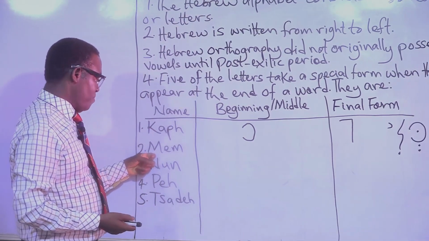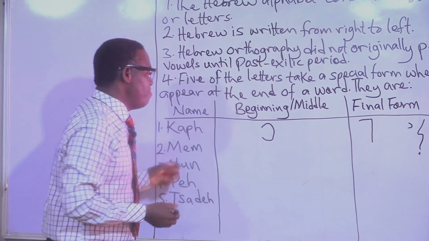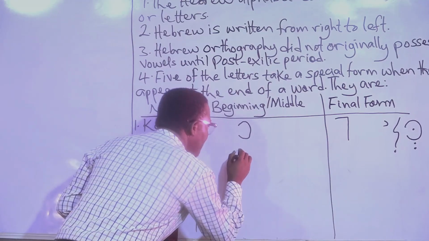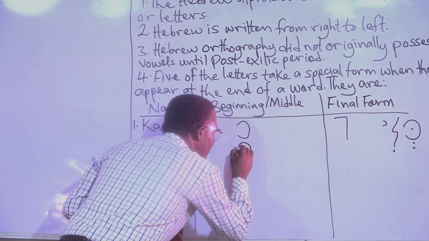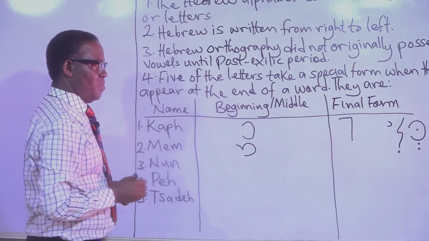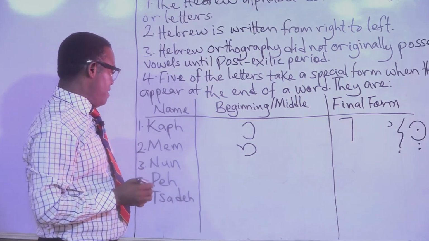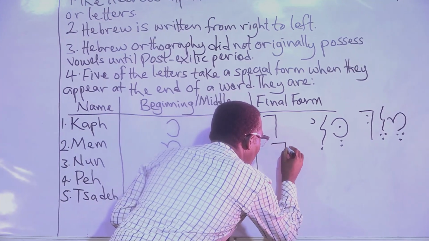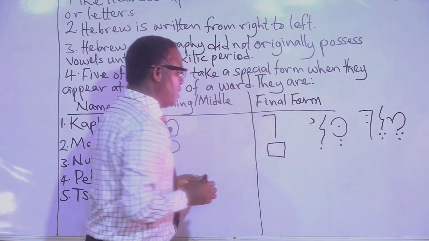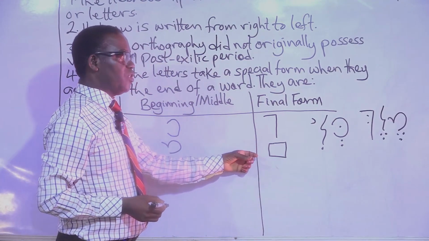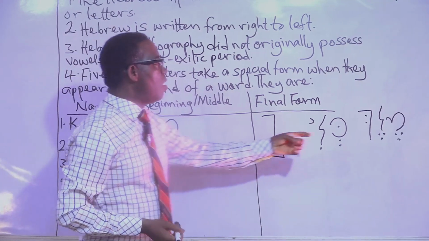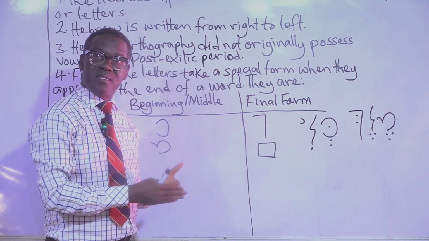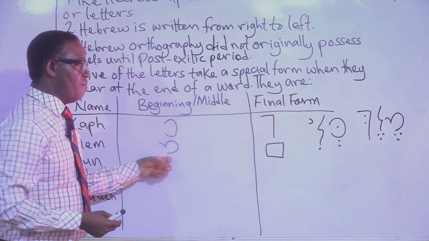The second one is mem. The normal form appears at the beginning and the middle of a word. But when it ends a word, it takes this form. For instance, in the word melek, we have mem at the beginning, and because it begins the word, it takes the normal form.